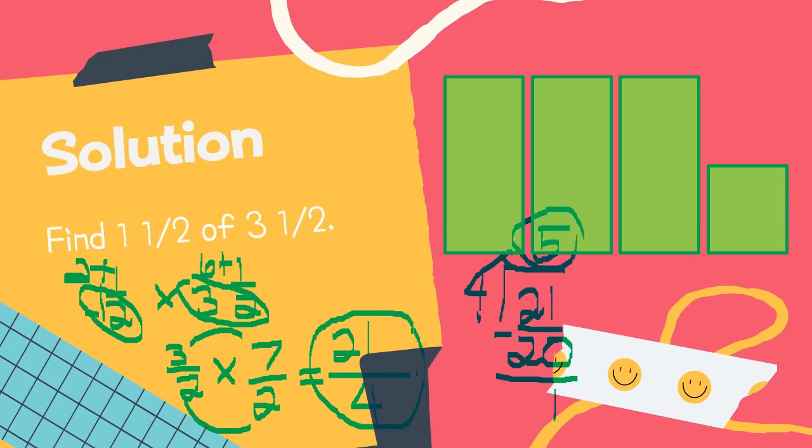So the answer will become 5. 1 will be our numerator. So 5 and 1 over 4. Just copy the same denominator. Again, the answer is 5 and 1/4 cups of milk. I hope you get it.